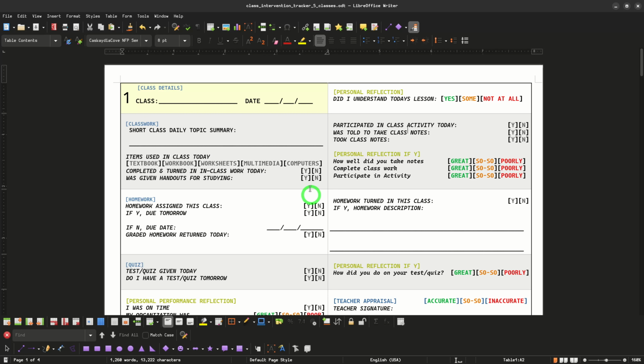It's all very self-explanatory. Their participation, but what's really important here, I'd like to draw your attention to the personal reflection. If they've said yes to any of these variables, they need to think themselves about how well they did it, and this is very important. And we're going to come to this. Excuse me, I've got a little bit of a cold right now.